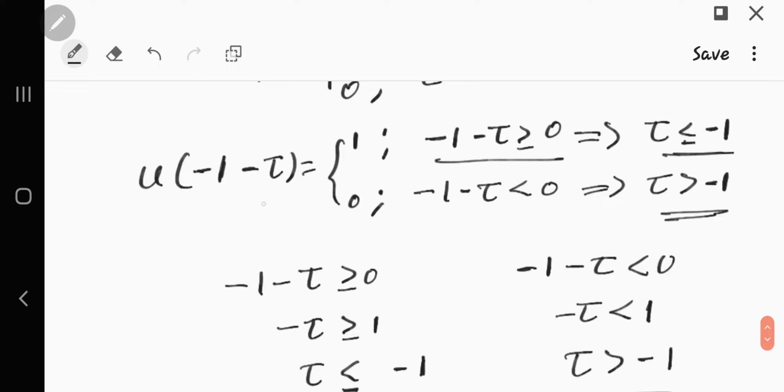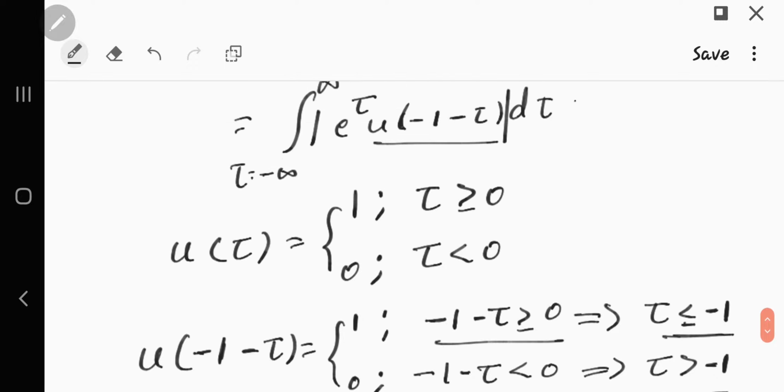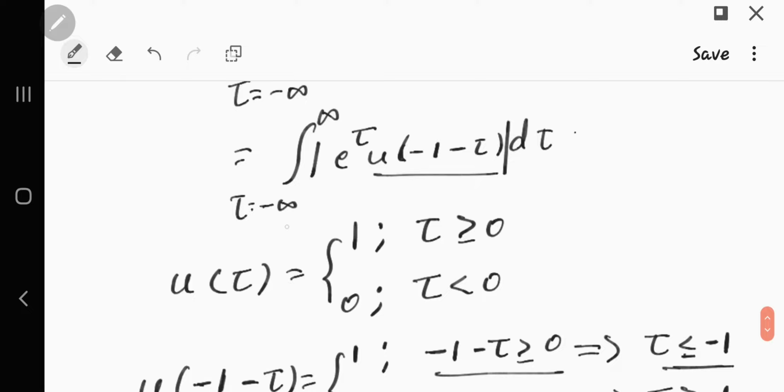Now u of minus 1 minus tau will be 1 for values of tau which are less than or equal to minus 1, and for values of tau which are greater than minus 1, u of minus 1 minus tau will be 0. So this is the meaning of this. Let's take this new limit here. If you observe, the limit now varies from minus infinity to plus infinity.